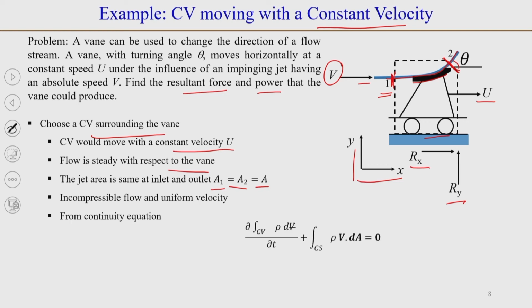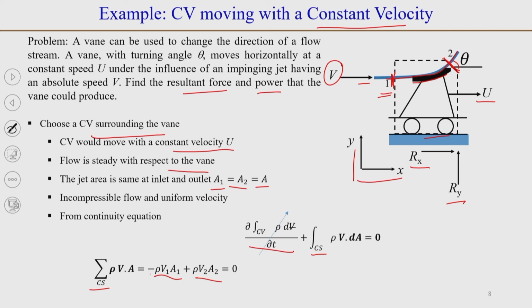So, first apply the mass conservation principle on this vane. The flow is steady, so the first term becomes 0. Now, the flow is uniform, so the integral sign can be replaced by the summation sign, and we will have rho v dot a equal to, at section 1, minus rho v 1 a 1, because the flow is coming in, so v and a are in opposite directions, plus rho v 2 a 2 at the exit.